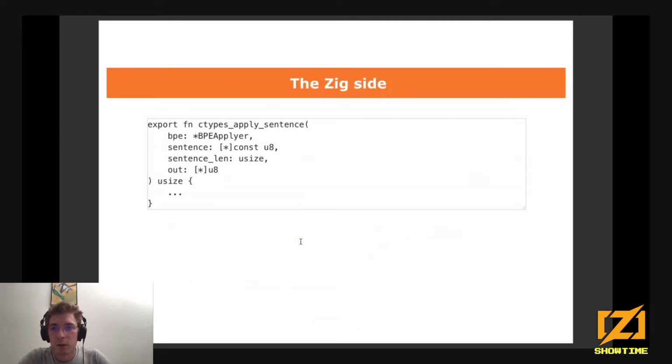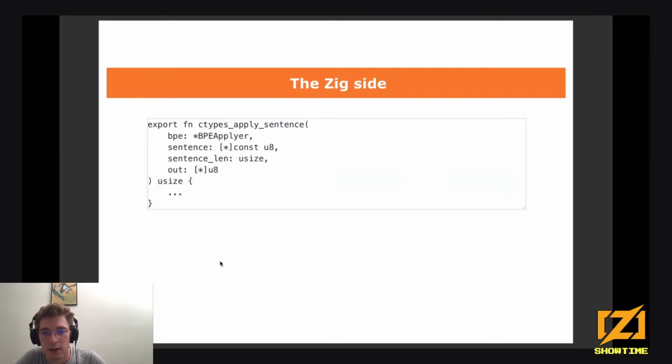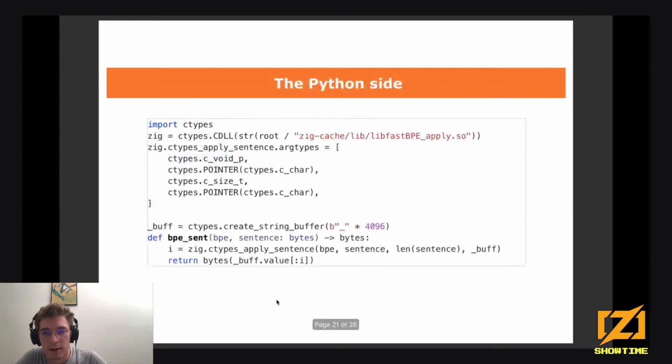So we are reaching the conclusion, and I wanted to make a few comments about the Zig Python interface. I have to expose a C function in my Zig code, so it looks something like this, and it's not really nice Zig. You can see I have to take a pointer and a length.